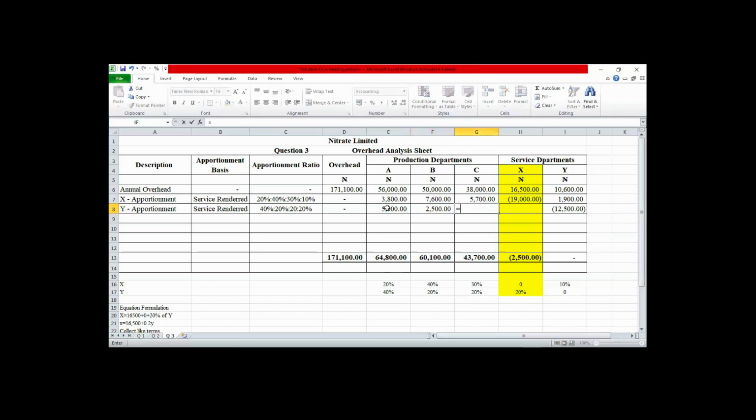The third one, 20% times 12,500. The last one equals 20% times 12,500. At the end of the day, our x and y must be 0, and they are 0. Any question?